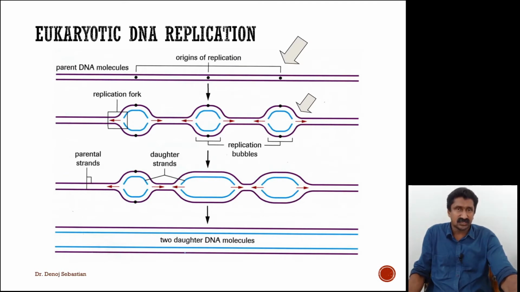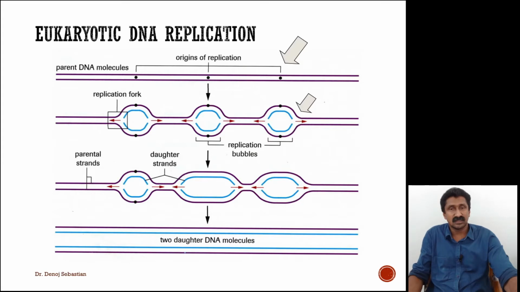The eukaryotic DNA is actually a long, linear DNA molecule, instead of the circular DNA like that of the prokaryote, and it contains multiple origin sites compared to the E. coli where we have only one ORI-C. Here we have multiple origins of replication, and from each origin of replication a replication bubble forms, and these replication bubbles move in both directions and finally meet each other.